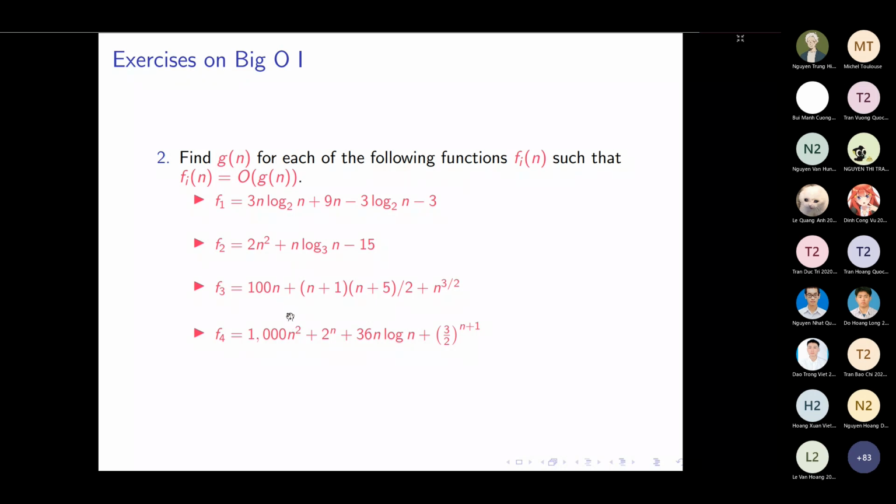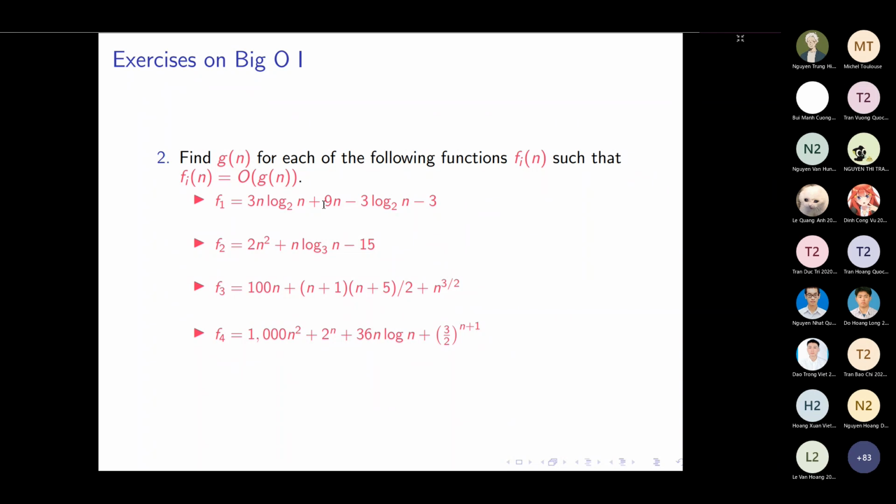What are the C and n0 you chose? In F1, I associate 3n and 3 log 2 of n, and then I have 3n minus 3 multiplied by log 2 of n, and then I associate 9n and 3.